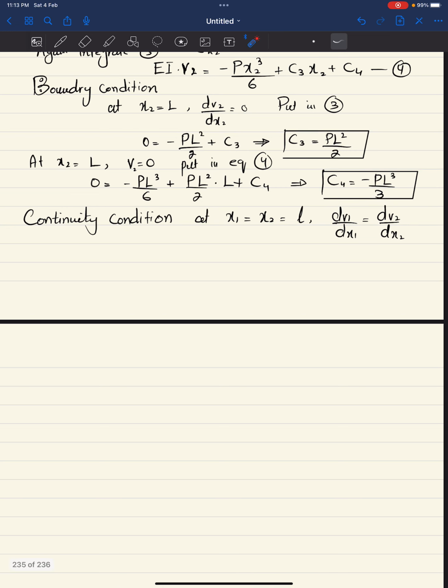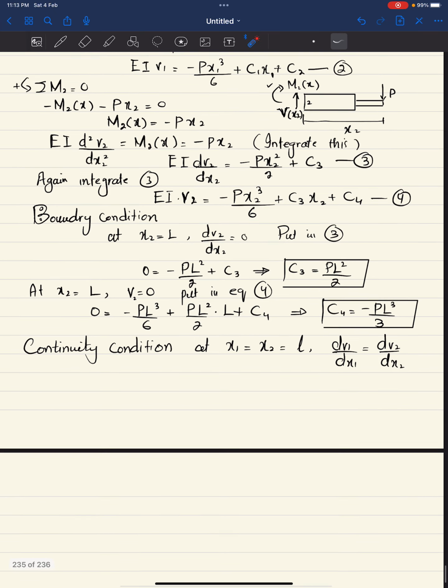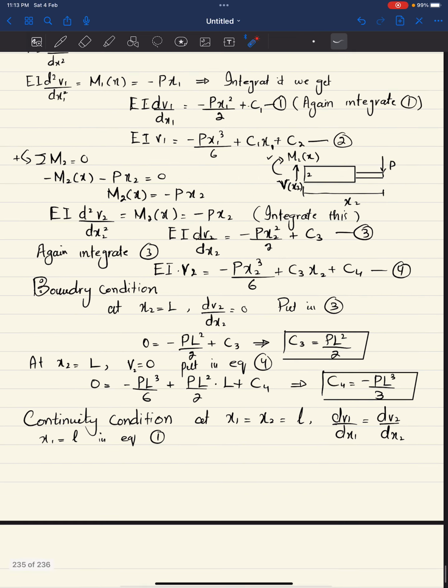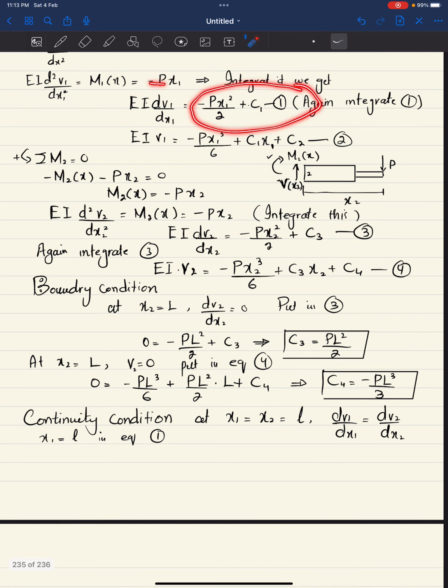So what we will do is use x1 is equal to small l in equation 1. Concentrate on this portion as well, because we are interested in finding dv1 over dx1.